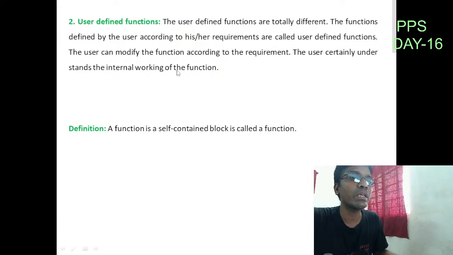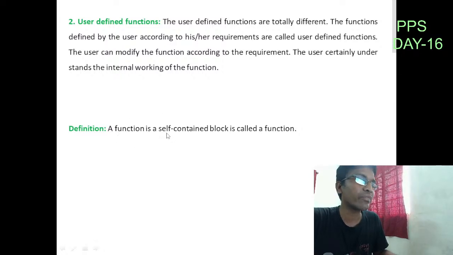Whereas in predefined library functions, you don't understand the internal working; you just use the function in your program so that it produces the output for the given problem. In a user-defined function, you develop your own logic. That's why user-defined functions are easy to understand. So that is about different types of functions: user-defined and predefined library functions.